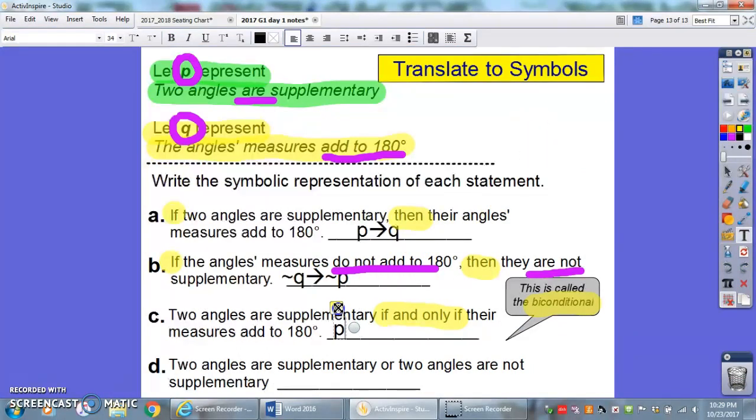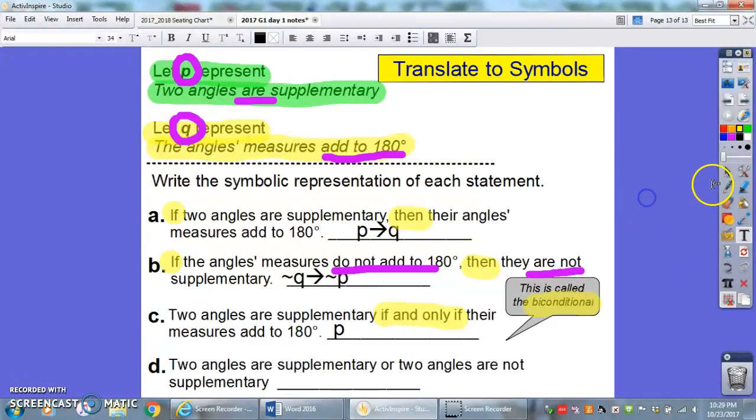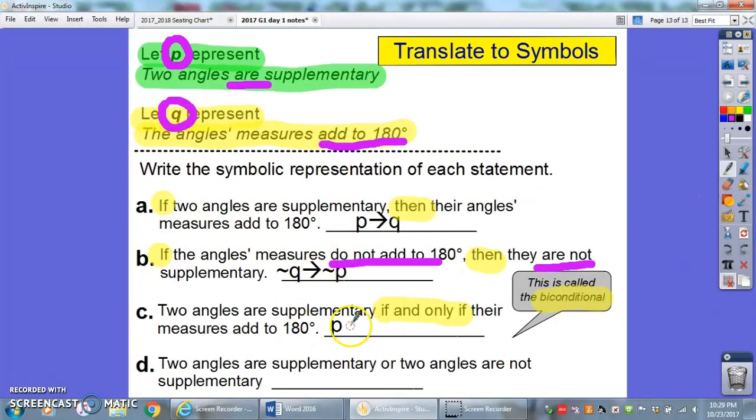Now, if and only if is that double-sided arrow. So let me see if I got one. I don't have a double-sided arrow here. If not, we can just draw one. Let's just draw one. So let me get a double-sided arrow. There we go.